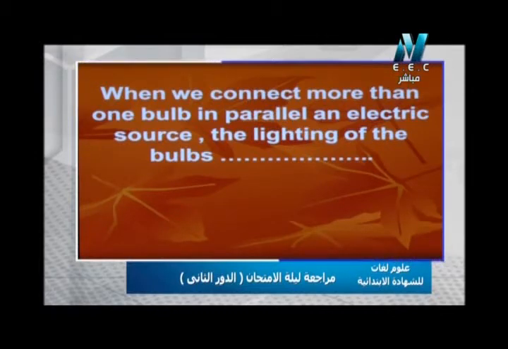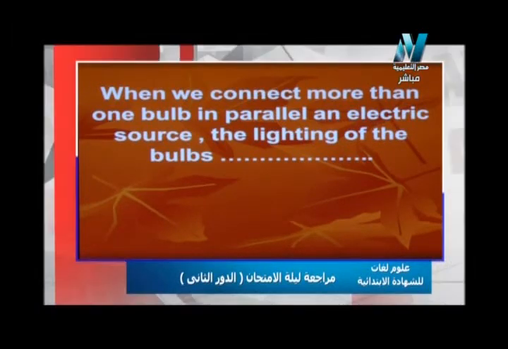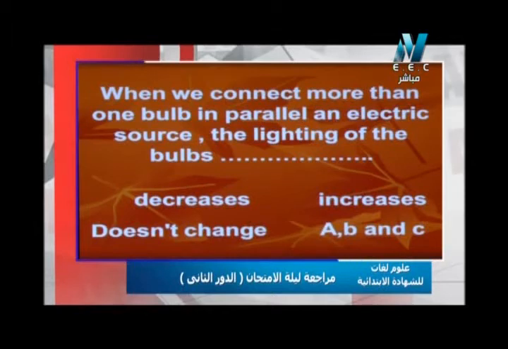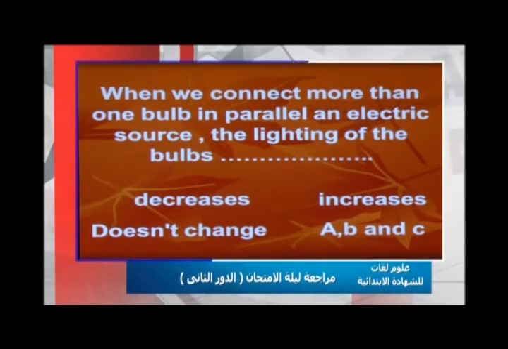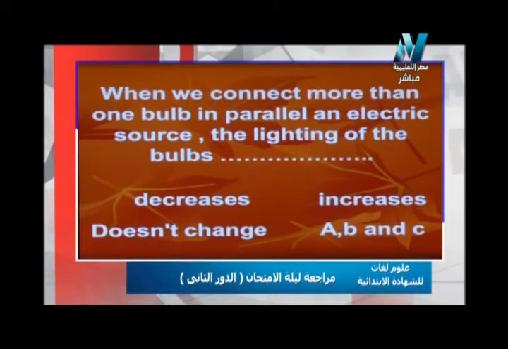parallel, an electric source, the lighting of the bulbs decreases, increases, doesn't change, or A and B and C. Surely in parallel, as I said before, the lighting of the lamp works independently.